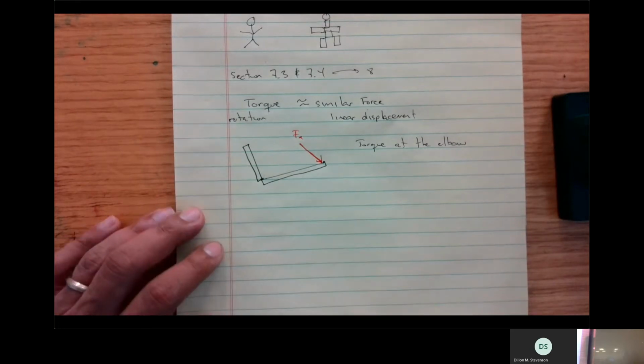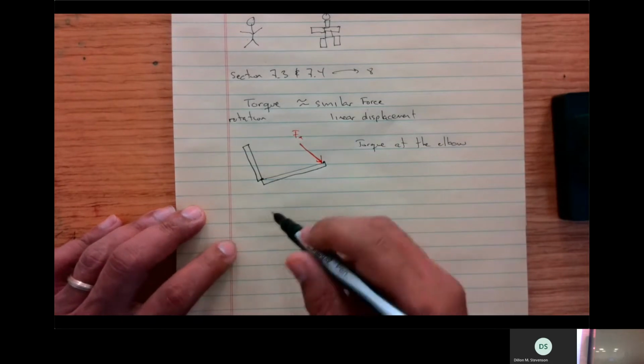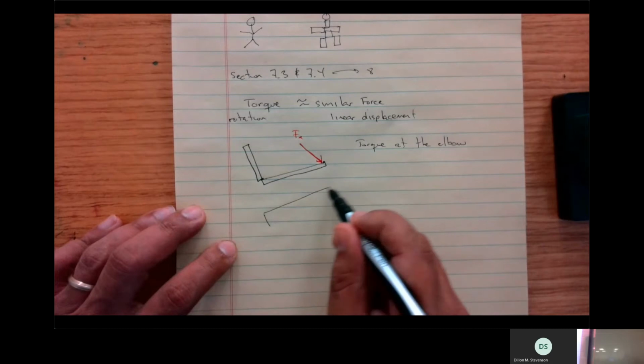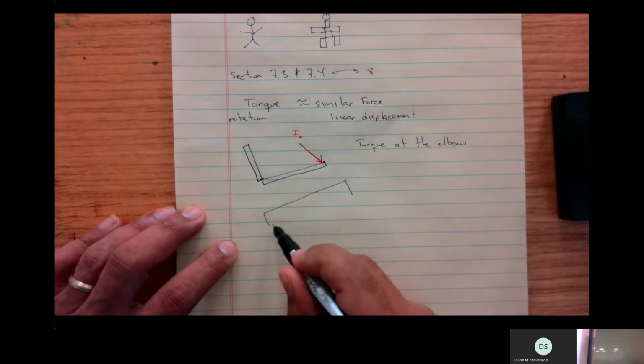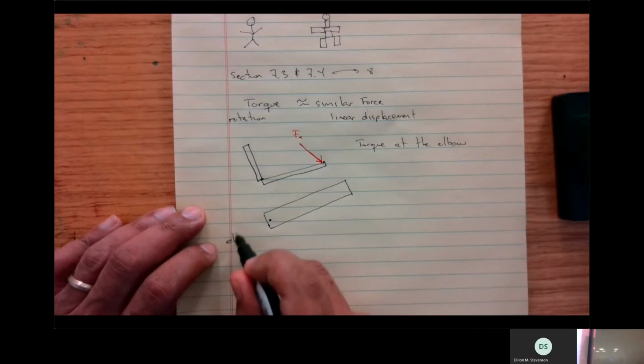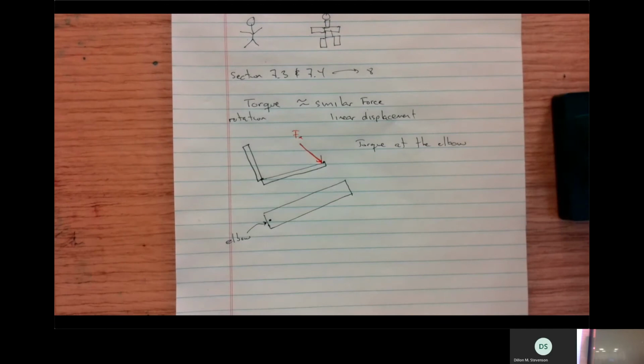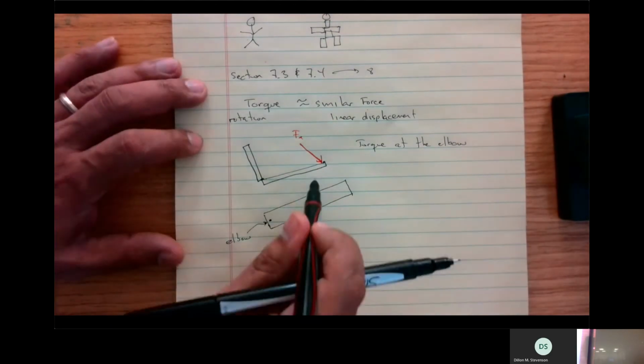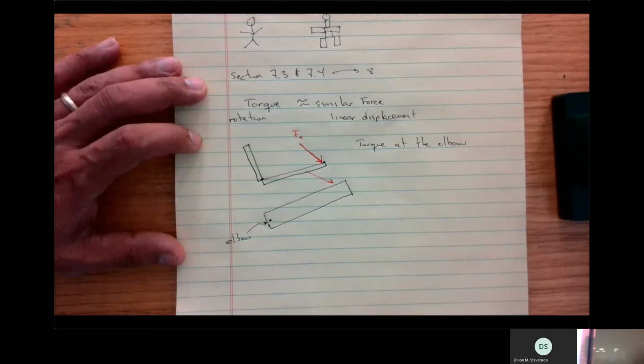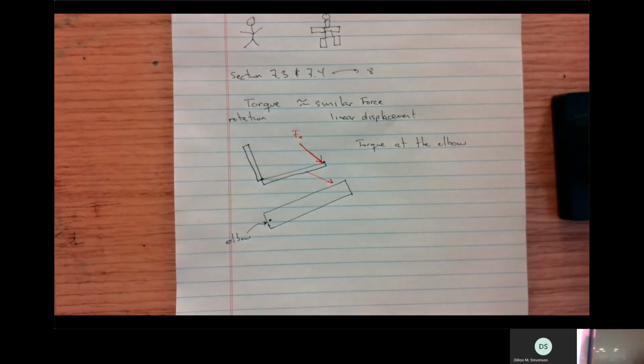I'm going to redraw it a little bit larger, and here's my elbow. You can imagine that when I apply the force, the arm is going to rotate, and it's going to rotate about the elbow.